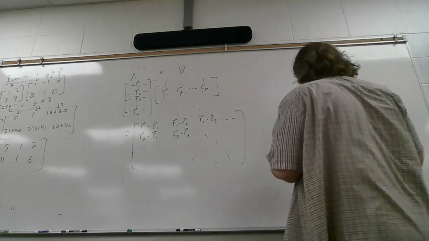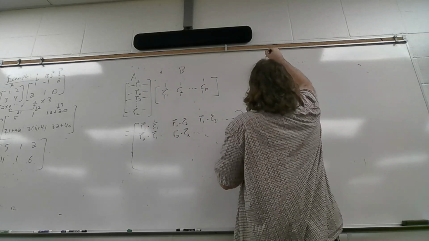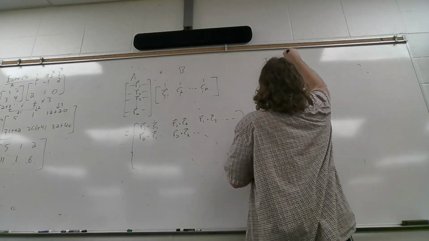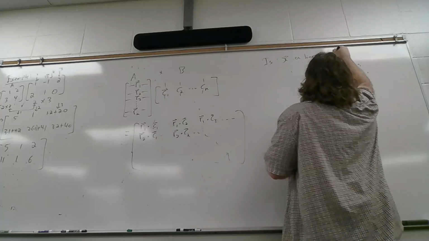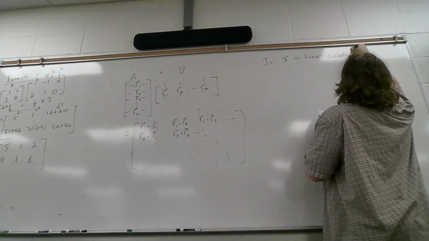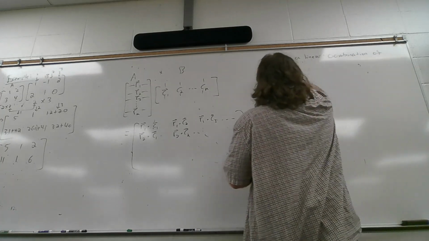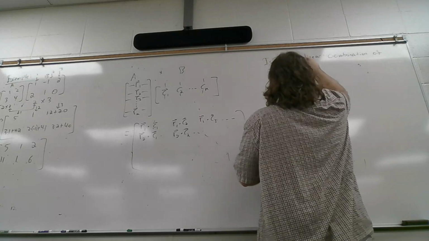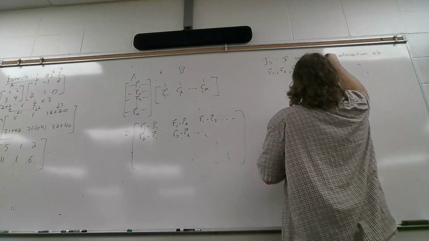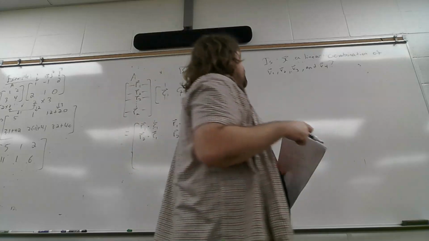So is X a linear combination of the vectors v1, v2, v3, and v4? Well, we need to write down what those vectors are.